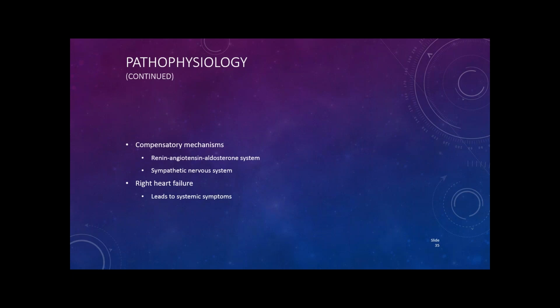Now, there is your fight or flight sympathetic nervous system's renin-angiotensin-aldosterone system, okay? So when the heart perceives that there's an issue with the pump, right, not being able to get enough blood flowing, then it will actually increase your heart rate trying to compensate and get more cardiac output.